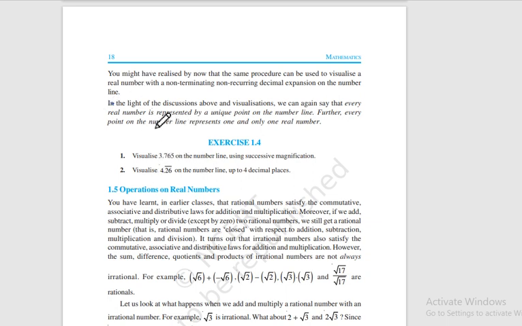So they have given these two exercises. Actually they want you to represent these two numbers on the number line, so you should do these two by yourself. This video is already 15 minutes long, so I will stop here.